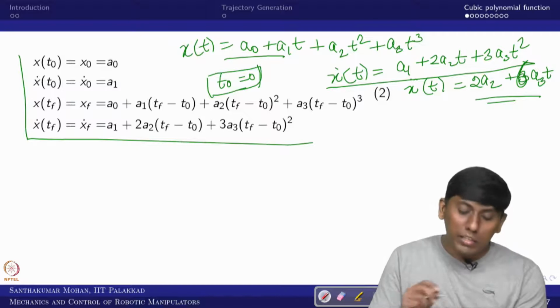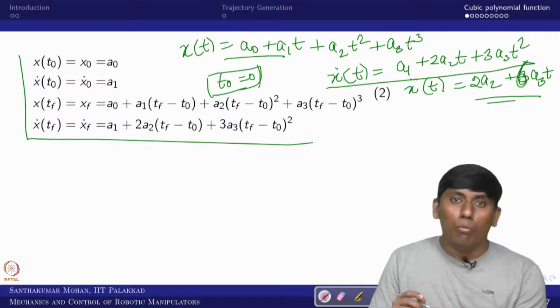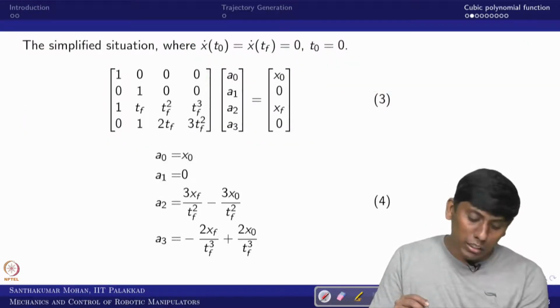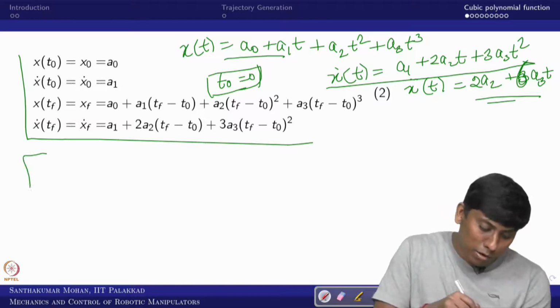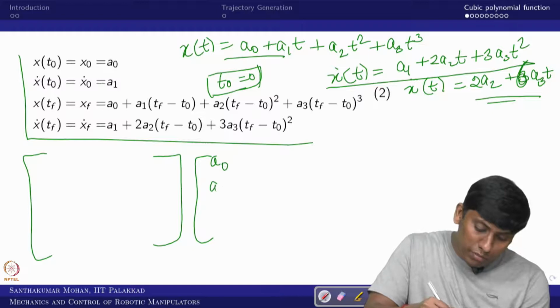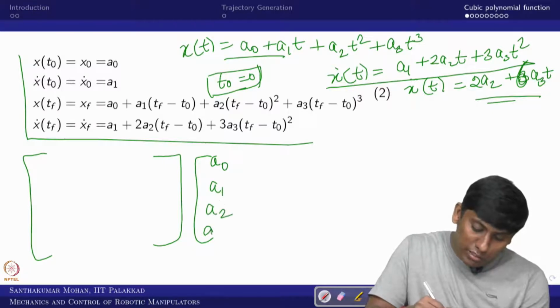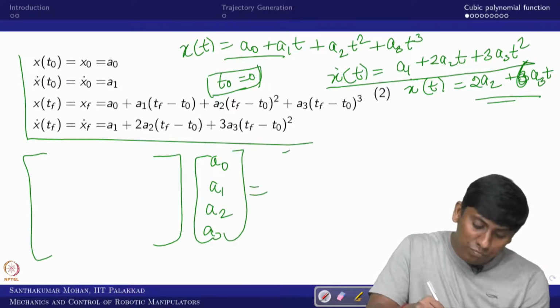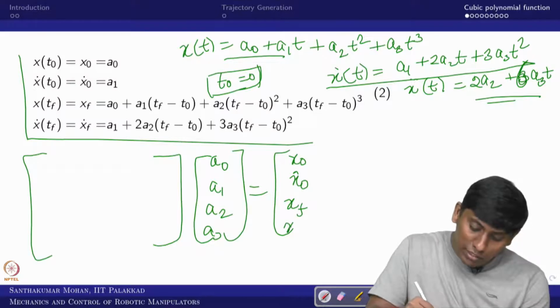Now for solving this there are several ways. One of the easiest ways is to rewrite this in a state space form. We can write the unknowns a0, a1, a2, a3 on one side, and on the other side x0, x dot of naught, xf, and xf dot.